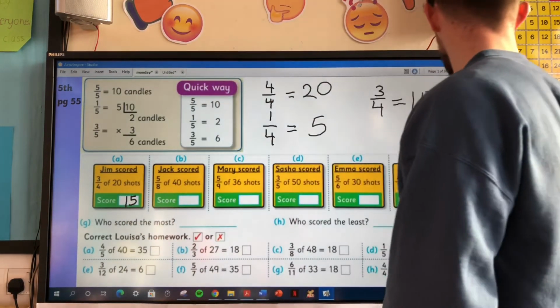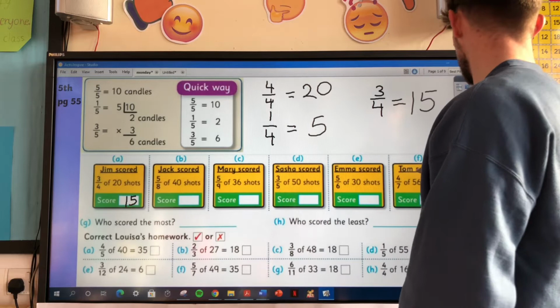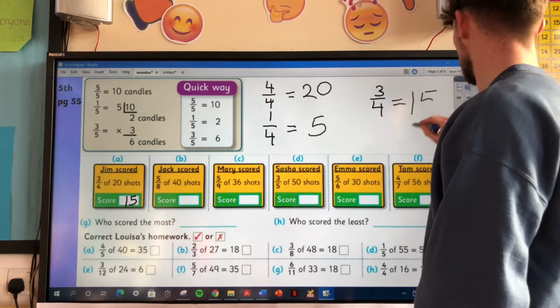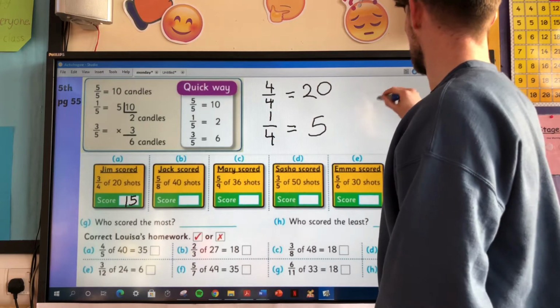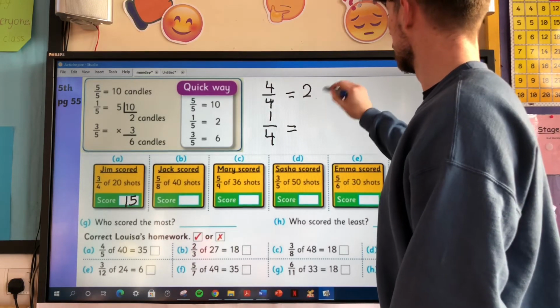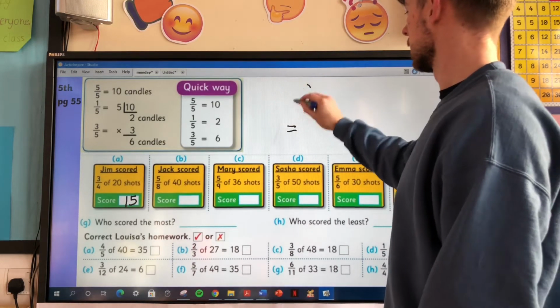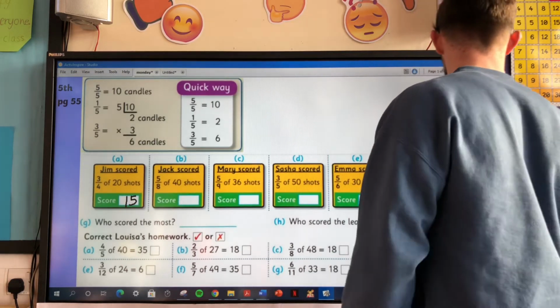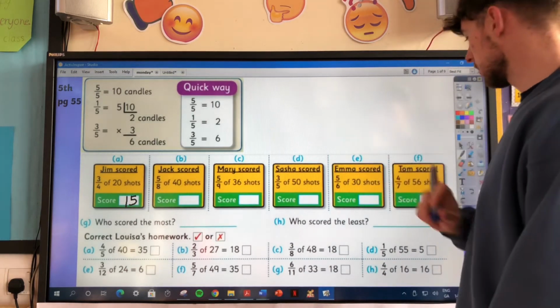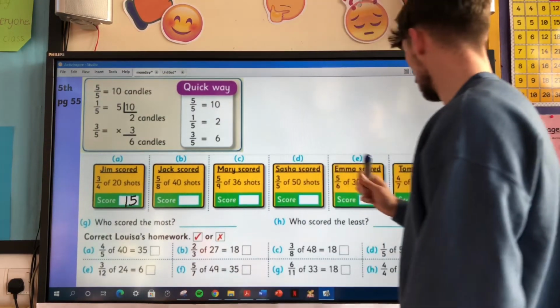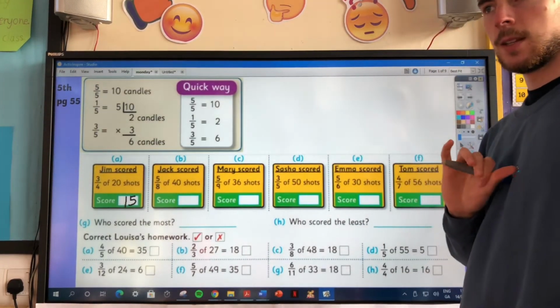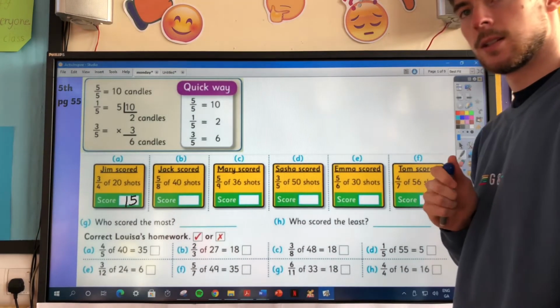Okay, now we're going to rub this out and go for the next one. Actually, go for the last one there, just so we know how to do it. Tom scored 4/7 of 56. Is 56 our 4/7?